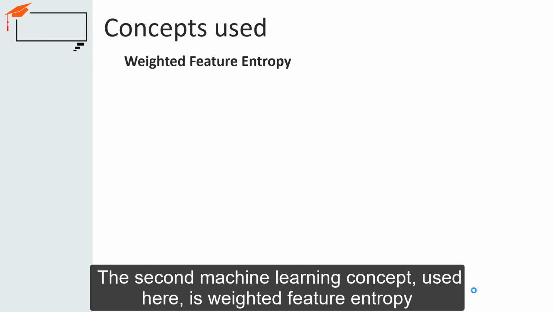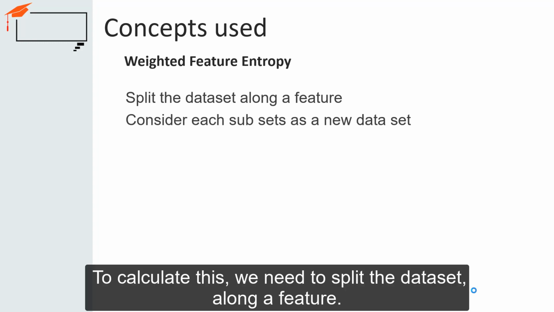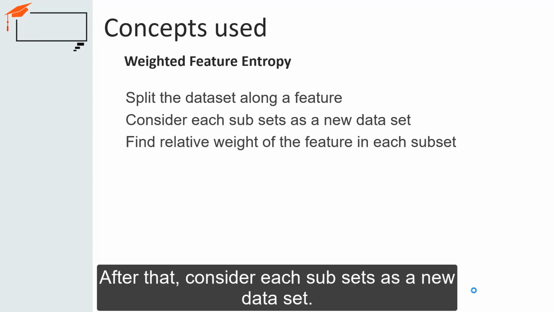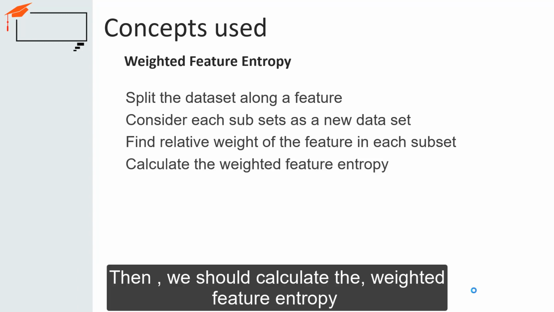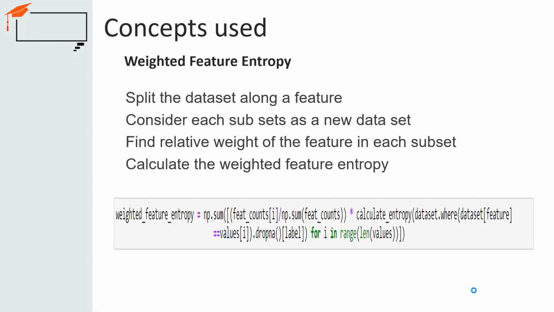The second machine learning concept used here is weighted feature entropy. To calculate this, we need to split the dataset along a feature. After that, consider each subset as a new dataset. Then, we need to find the relative weight of the feature used to split in each of the subsets. Then, we should calculate the weighted feature entropy.